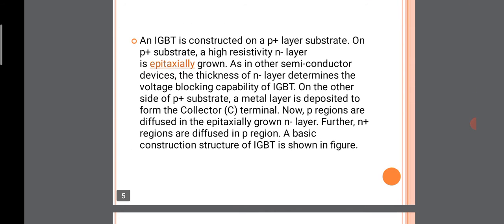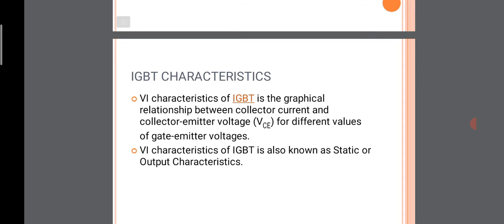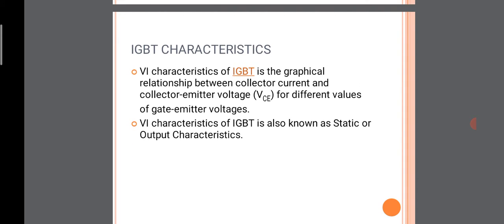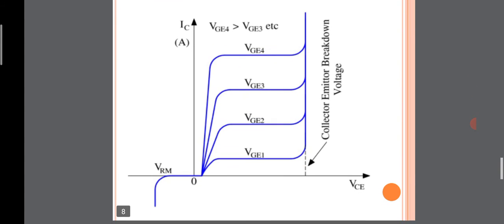Now let's see what are the VI characteristics of IGBT. VI characteristics is the graphical relation between collector current and collector emitter voltage, that is VCE, for different values of gate emitter voltage. Let's see here, this is the VI characteristics of IGBT.